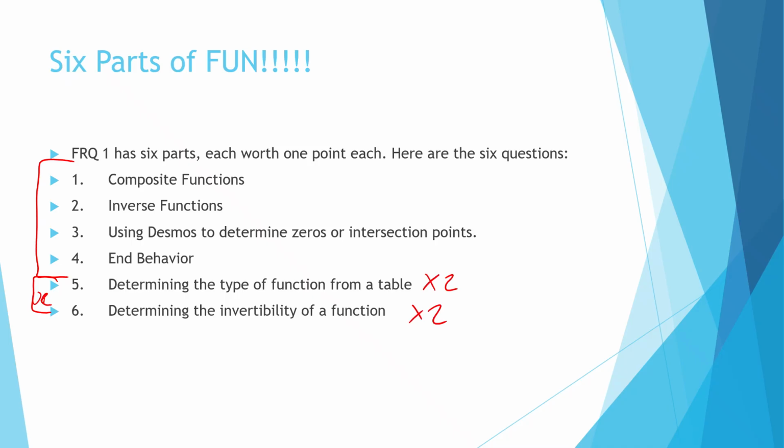So you've also seen these questions before. Determining the type of function, whether it's linear, quadratic, exponential, or logarithmic, or determining if a function is invertible, or if it has an inverse, or if it's 1-to-1, right? So we'll go through each of these 6, get some practice problems in, and then hopefully that should prepare you for this FRQ along with your homework as well.